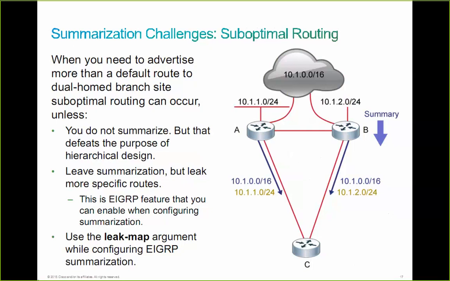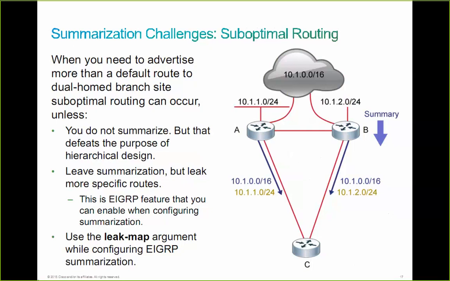So a default route to the spoke routers is not the best option here, right? We still want to summarize all the routes advertised from the hub to the spoke as much as possible to reduce the routing overhead. But again, by doing this, we might create suboptimal routing.